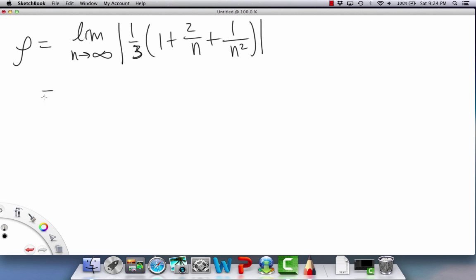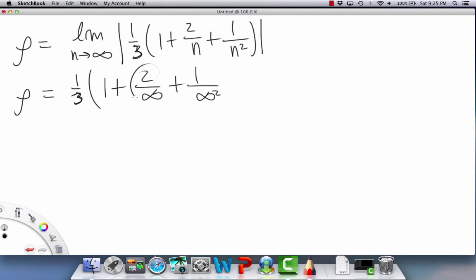So what we're going to get is rho equals 1 over 3 times 1 plus 2 over infinity plus 1 over infinity squared. And these terms both go to 0. So this is going to end up being 1/3. So rho equals 1/3.